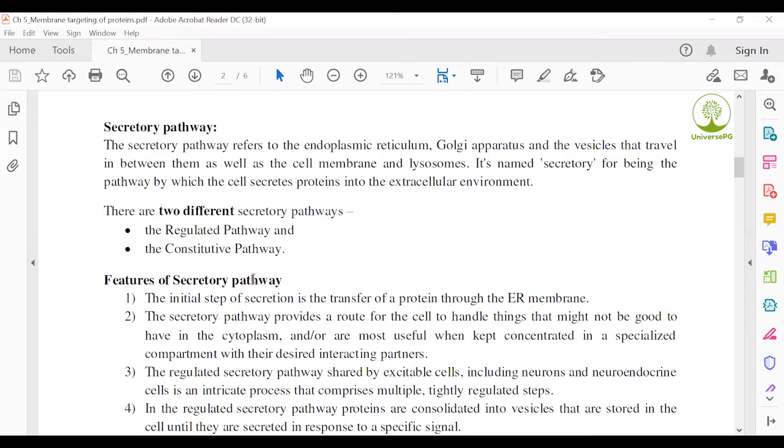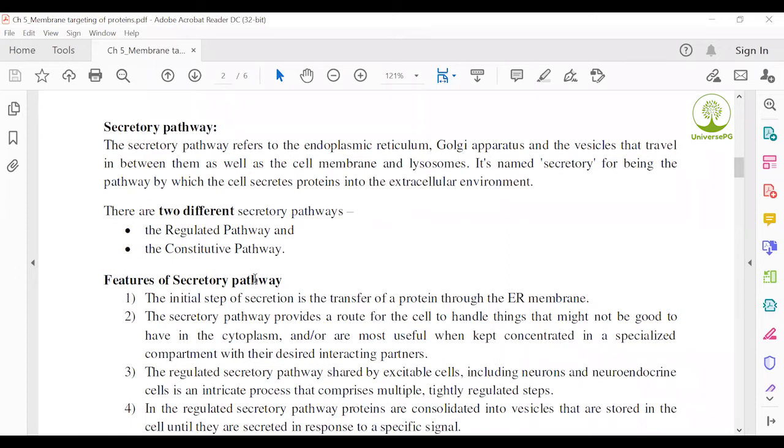It is named secretory for being the pathway by which the cell secretes protein into the cellular environment.